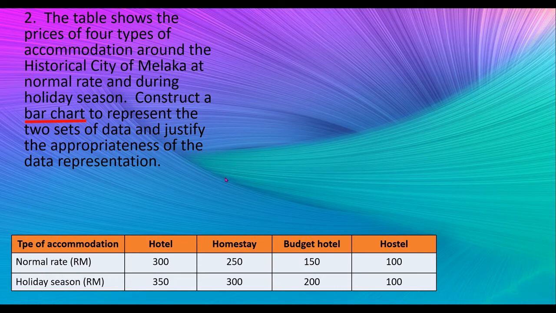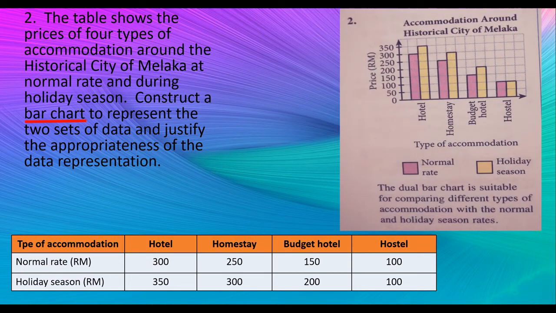So what answer do we have to present? We will present them in a multiple bar chart. Okay, this one we call a multiple bar chart because each group will have 2 categories involved. Okay, normal rate and holiday season.